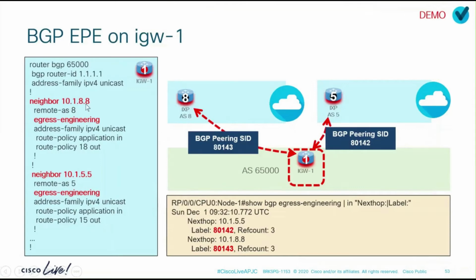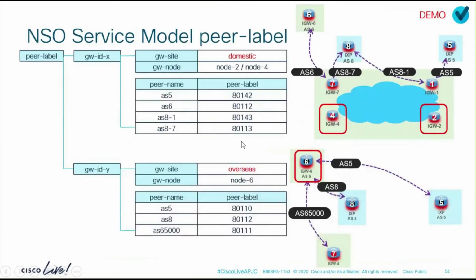On the neighbor router 8, we configure the egress engineering. It actually establishes the BGP session and assigns the BGP peering SID for this peer link 80,140 here. It also applies for every peer link here. And this BGP peering SID, we use it as part of our segment routing segment list, right?